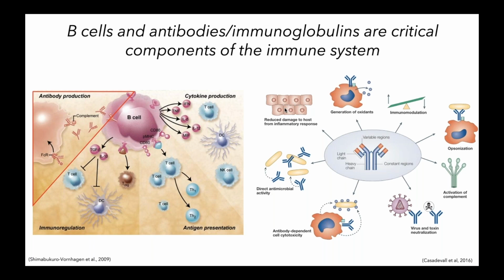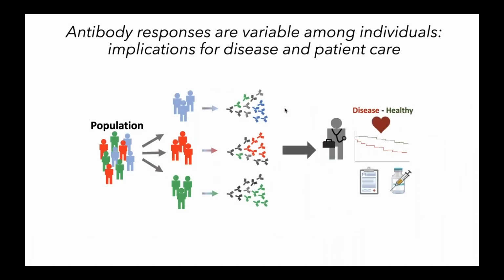In fact, antibodies are also themselves critical to the immune system and how the B cell carries out much of its work. They have a variety of functions in the immune system and have impacts and roles in disease processes. Of course, given their importance to the immune system, they're of great interest in the disease research space.